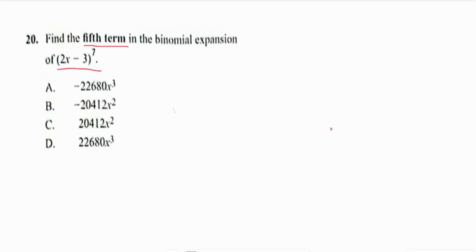Just to give a little background before I move on to the question, generally the combination method says that if we have a general binomial, say (a + x) exponent n, then to expand this, we are going to have n combination r, and a, which is the first term, exponent n minus r, and then x, which is the second term, exponent r, where r runs from 0 to n and r is the number of the term minus 1.